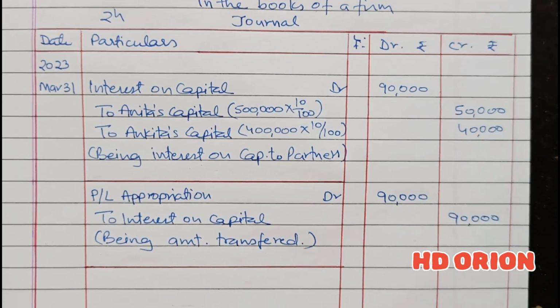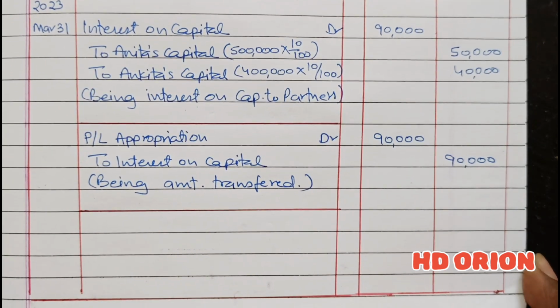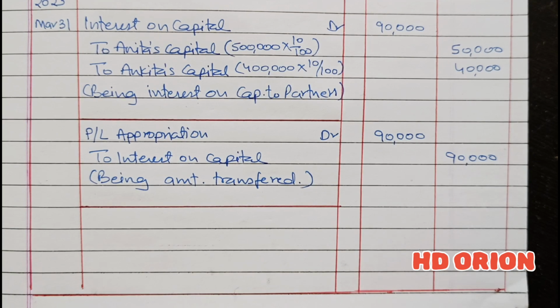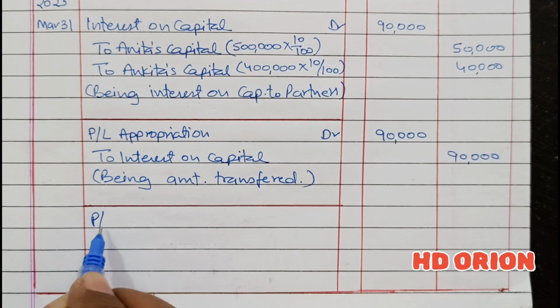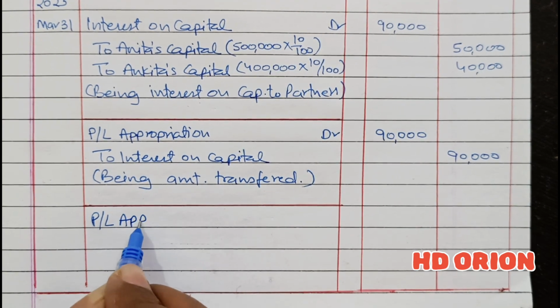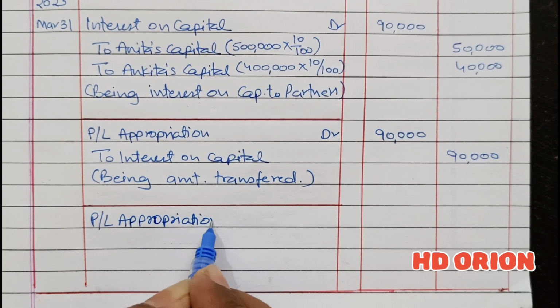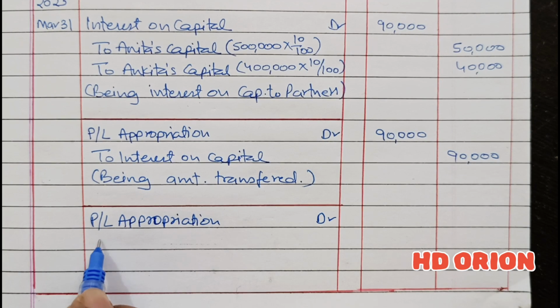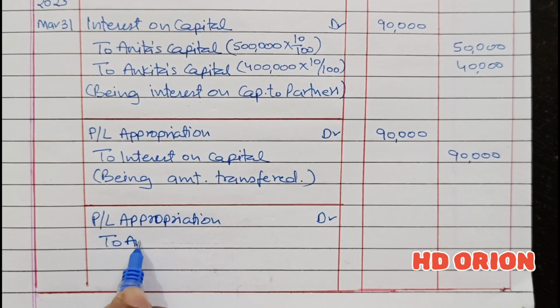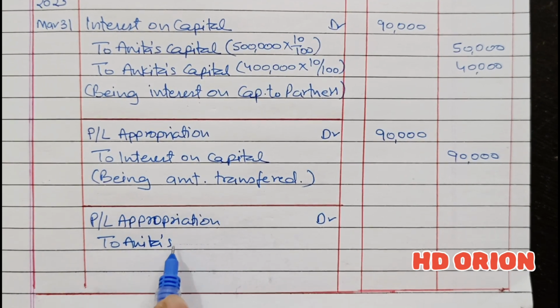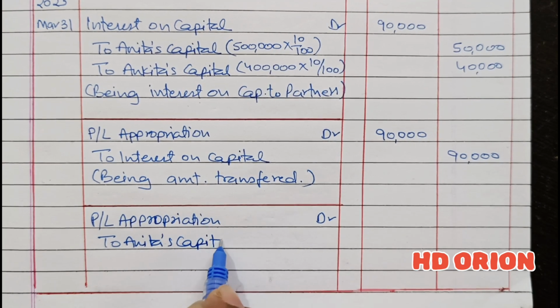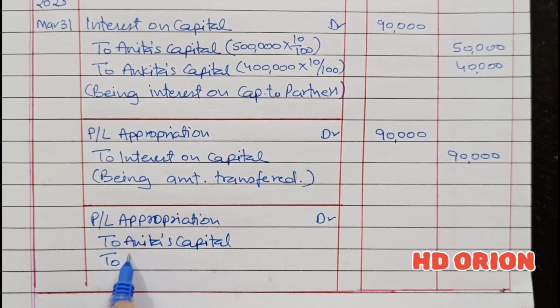Now the remaining profit, that is distributable profit, will be transferred to partners capital account. So profit and loss appropriation account again debited to both the partners, to Anita's capital account and to Ankita's capital account.